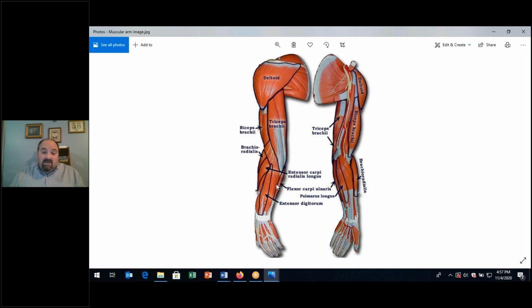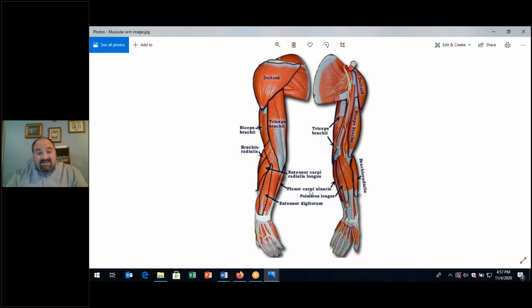Now, when you look at the forearm, I'm going to tell you that the forearm can be very challenging, but you have to think of the forearm as a tube. And so even when you're looking at the posterior aspect, you're going to see a part of an anterior muscle, which would be the flexor carpi ulnaris. Now, carpi, we think wrists, right? So if it's going to be a wrist flexor, it would be a flexor carpi.